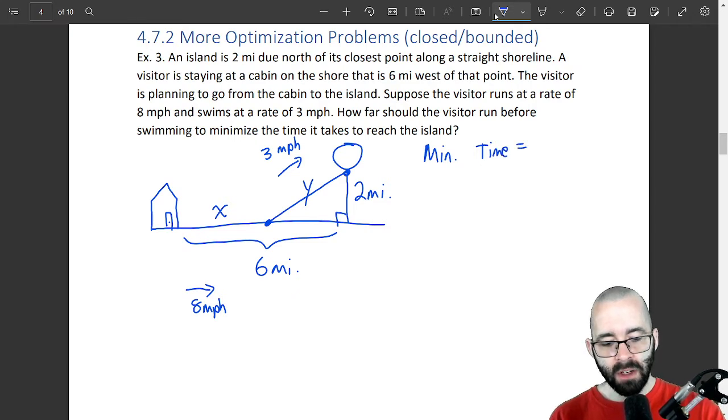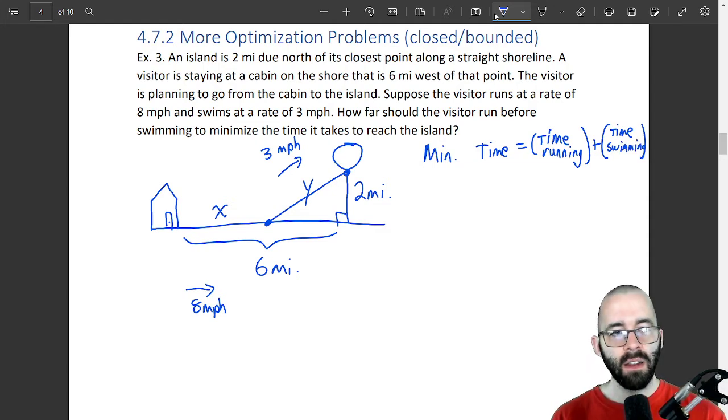Well, the time is just going to be the time running plus the time swimming, right? And we're running at a constant speed, or swimming at a constant speed, so we can use a formula that you may have seen before, that distance is the rate times the time.